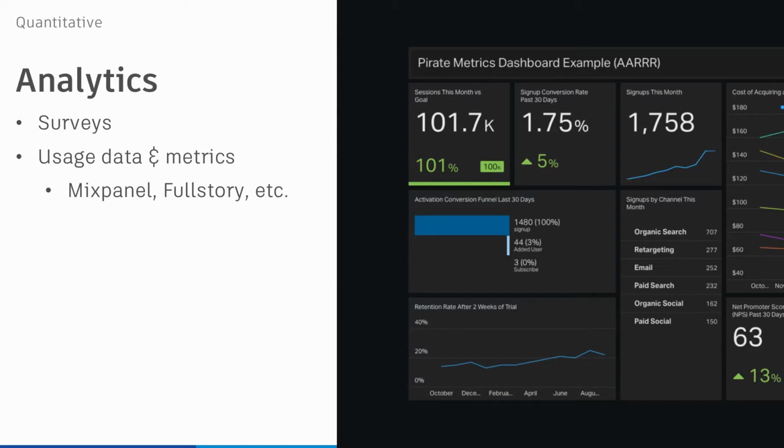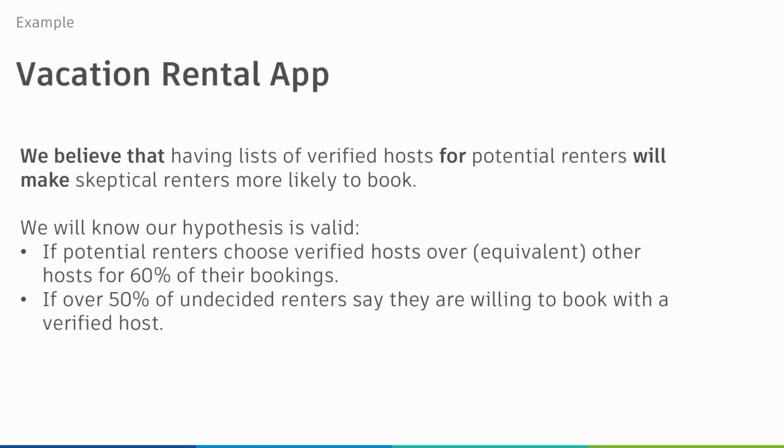But I wanted to get back to our examples. So the vacation rental app example. We want to see if potential renters will choose the verified hosts over equivalent hosts for 60% of their bookings, and if over 50% of undecided renters say they're willing to book with a verified host. So how could we test this? Well, for this, I would make a prototype. It doesn't need to have real data.